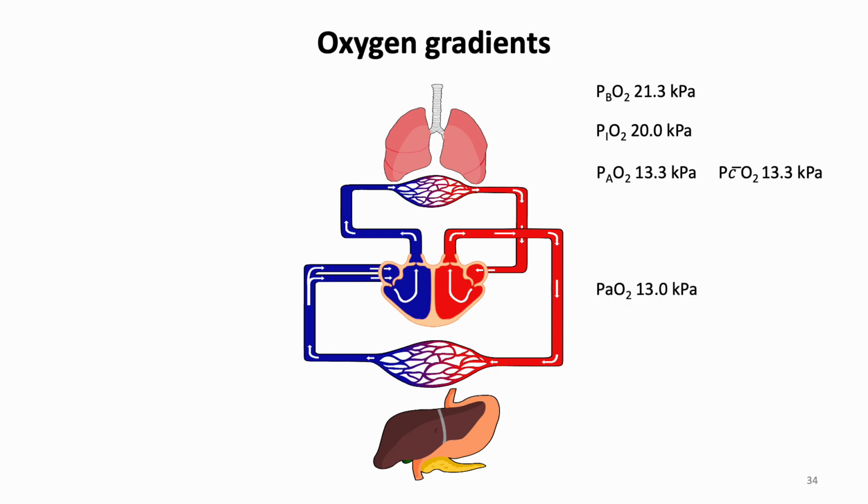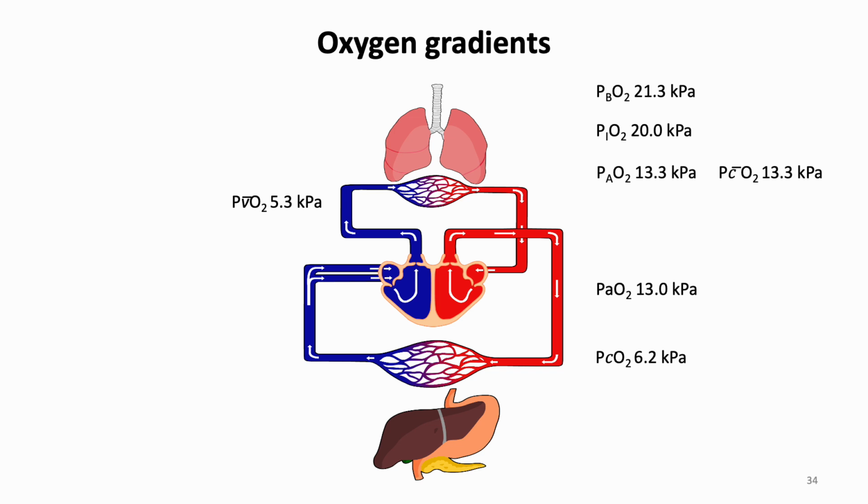When we get to systemic arterial blood, the oxygen tension is actually slightly lower than in the alveoli. So here in this example, it's 13 kilopascals. Within the systemic capillaries, it's reduced because here it's a product again of two things: the oxygen that enters the capillary bed, as well as the oxygen that's removed from the capillaries and enters the tissues for the purpose of metabolism.